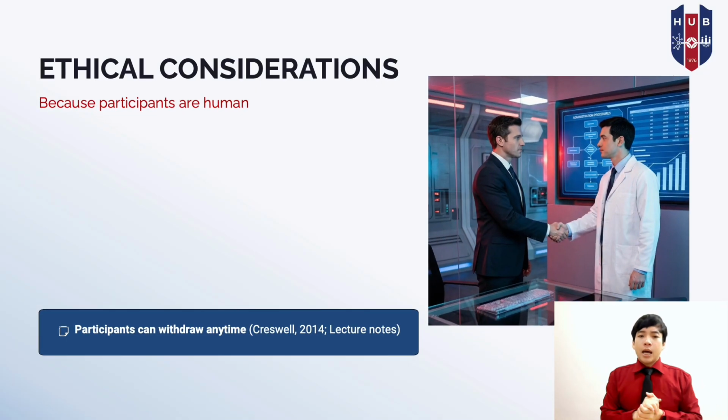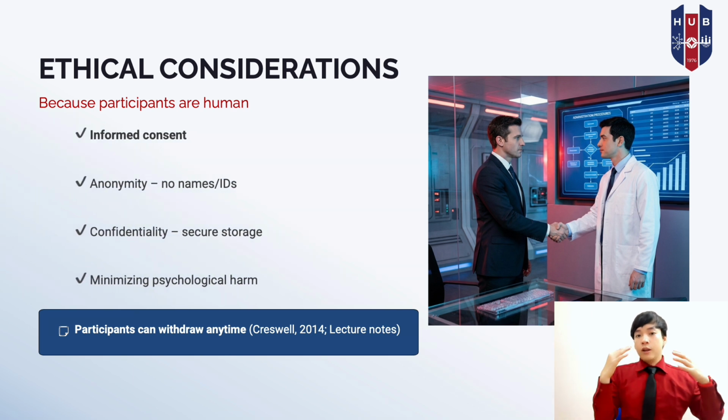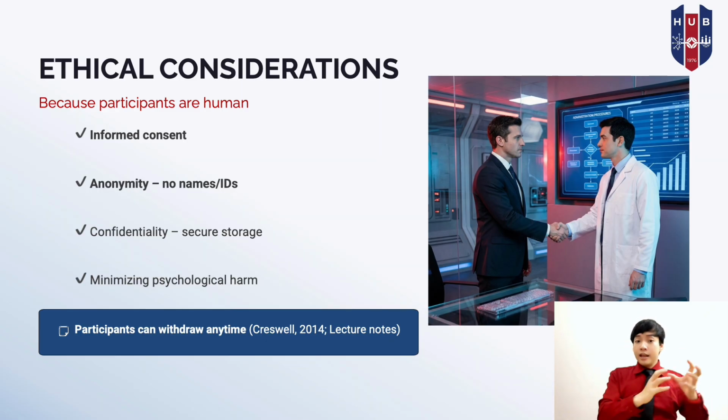Before collecting any data, ethics must come first. We must clearly explain the study's purpose and also allow participants to give informed consent voluntarily. We typically guarantee anonymity. No personal identifiers are collected. And if names must be recorded, then confidentiality ensures only the research team can access the data.